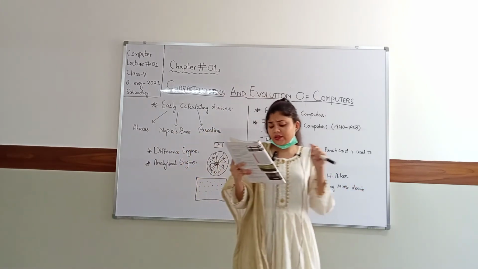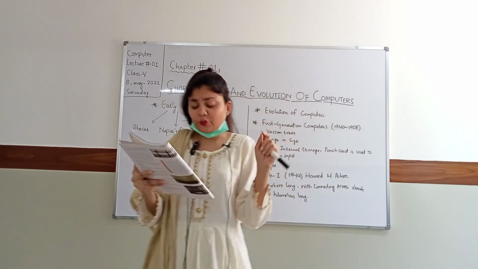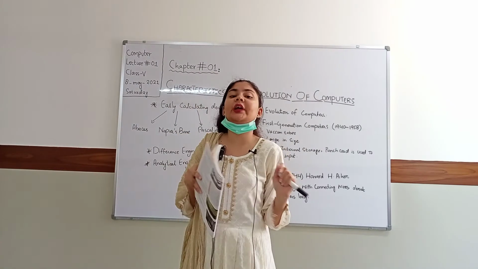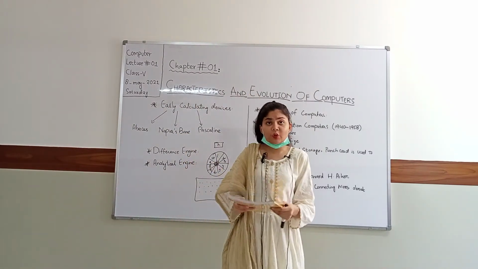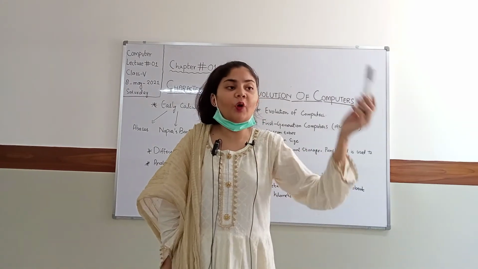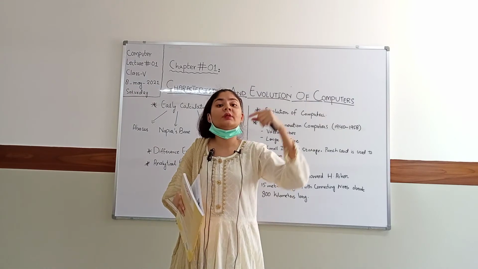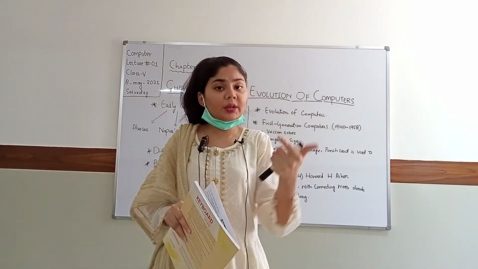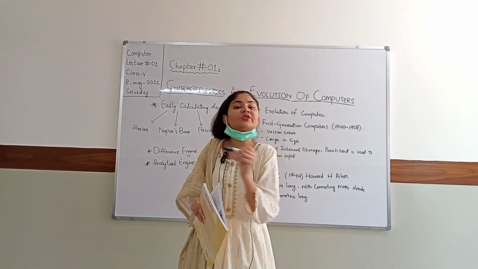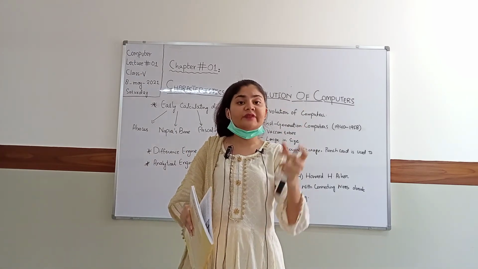The machine was very slow and took 3 to 5 seconds per calculation, but it was the first fully automatic calculator. It was the first fully automatic calculator because we only give the instruction, like we want to add 2 plus 2, then it processes the data inside the memory and gives the output, 2 plus 2 equals 4, and it takes only 3 to 5 seconds to perform it.